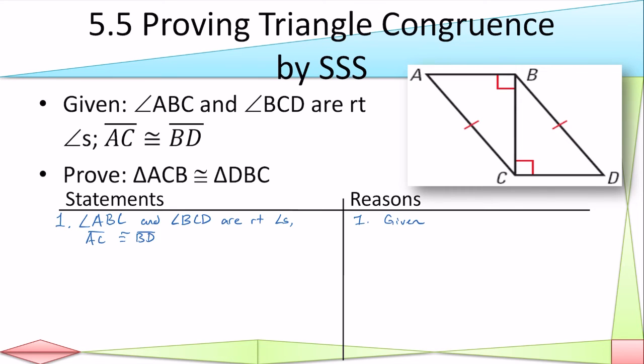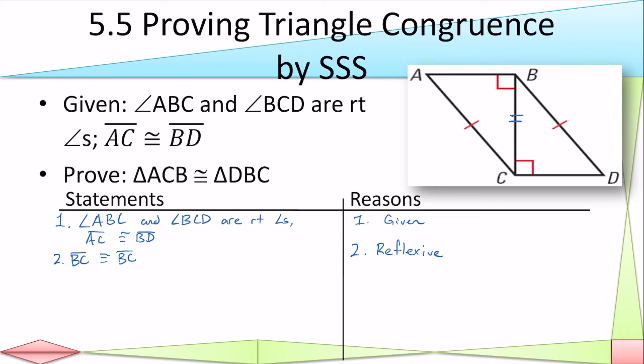And that's marked on our picture. So looking at our picture, what theorem are we going to use? Well, we can probably say BC is congruent to itself. By what reason? That's right, reflexive.